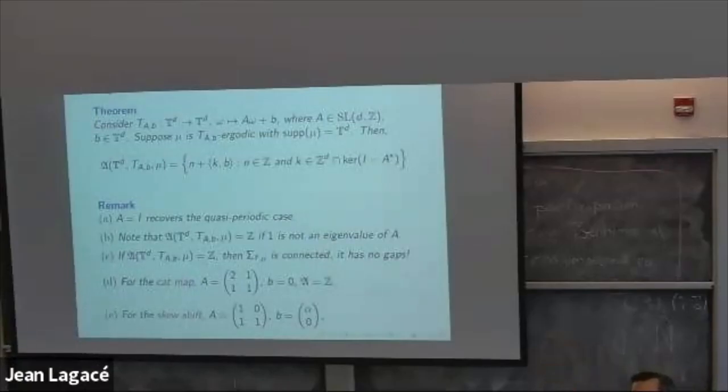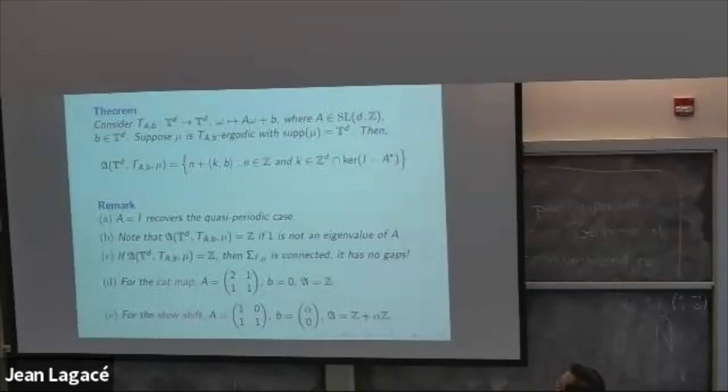So the vectors in question are (integer, 0). And now I have to take the inner product of (integer, 0) with (alpha, 0). So I get integer n times alpha. Okay, so I get the Z from here. And when I compute this, my little discussion tells us this is exactly alpha Z. So this is the label set for this skew shift.